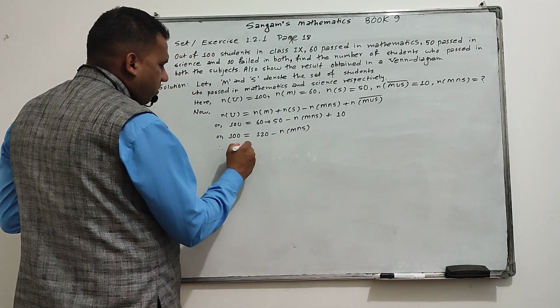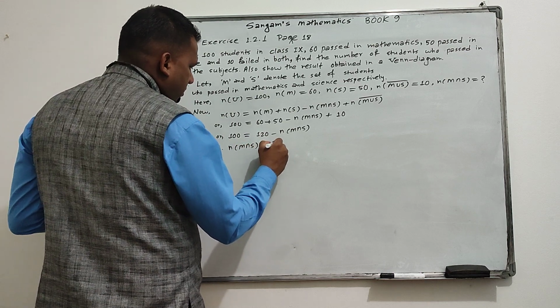Therefore, n(M intersection S) equals 20.